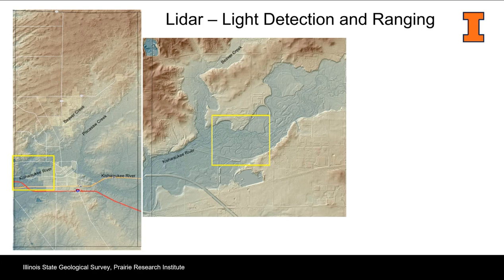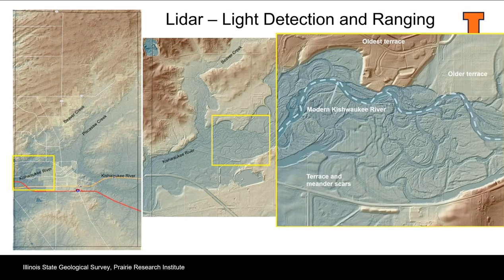Another thing is LIDAR, for example. I'm sure many of you are familiar with LIDAR, but it's basically laser scanning of the Earth's surface to get really high resolution landscape models. And so down in the Kishwaukee River Valley, we have these beautiful, beautiful terraces, which are telling us the history of the glacial history.